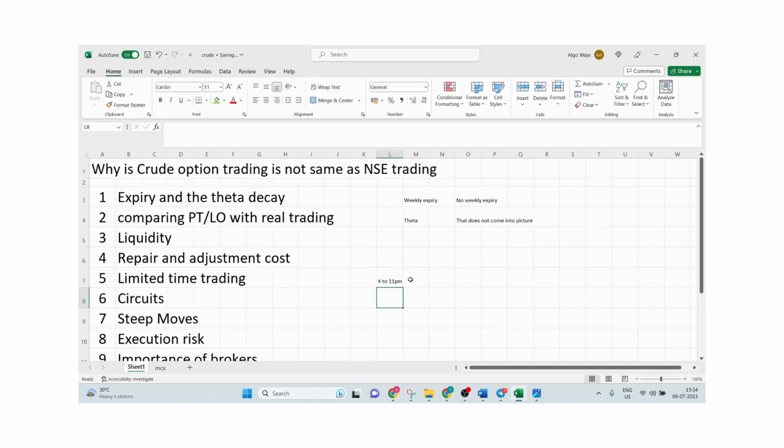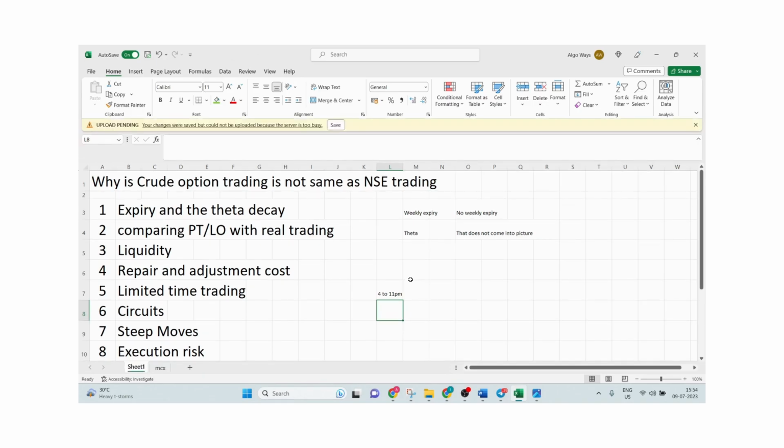The market is trading from 9 a.m. to 11:30 p.m., and we are hardly using half of that time. Number one, we are not going positional, so we are not taking any benefit of the real theta decay which happens overnight.